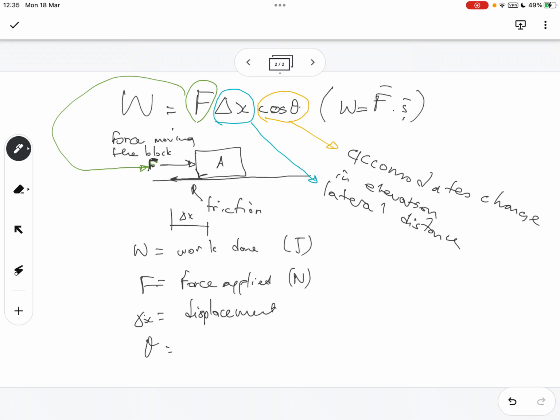And the angle, in degrees, is the angle between the force and the direction of the displacement.